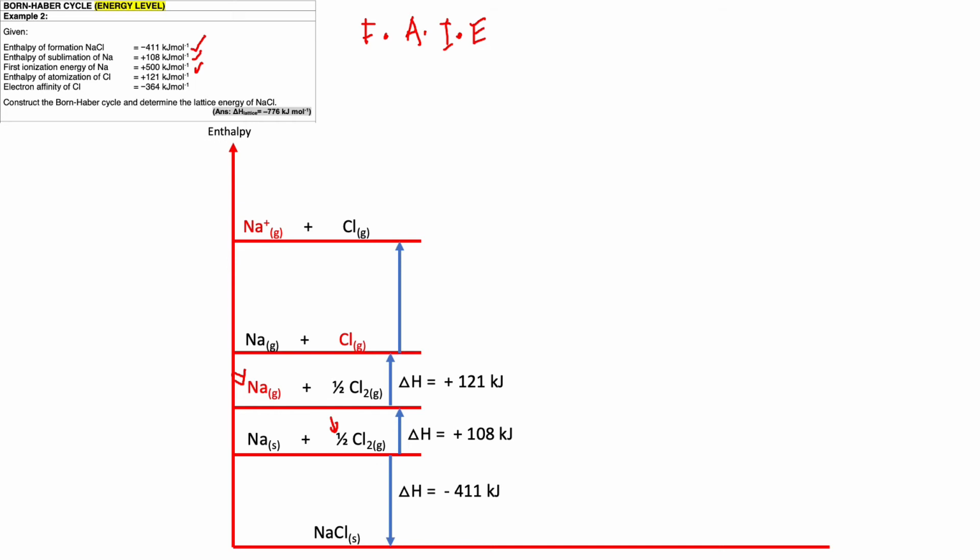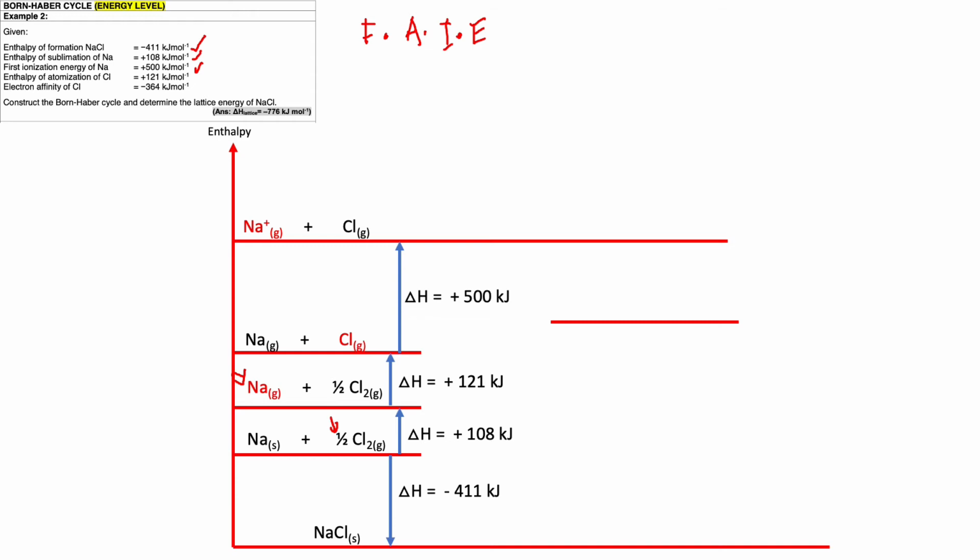Let's proceed with electron affinity. Okay, electron affinity is negative. It should be going down. So whenever you see it going down, just lengthen your line. Do it something like this. Okay, it's around 364.